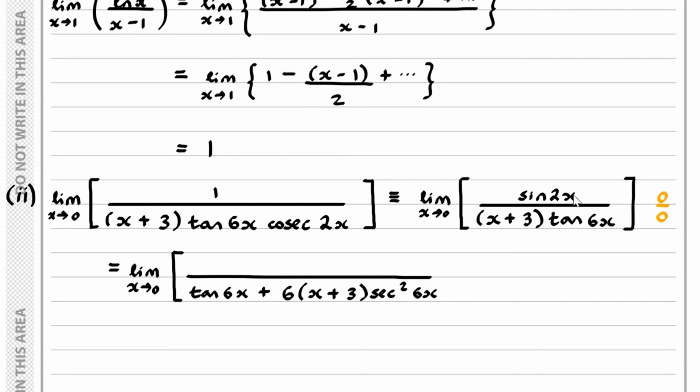And that's what I have on the bottom, and on the top, differentiating sine 2x, we end up with 2 cos 2x.